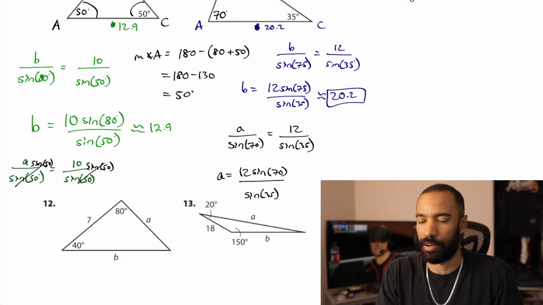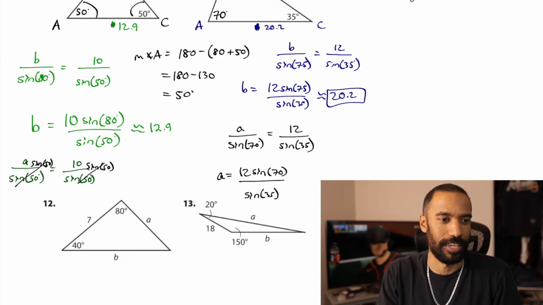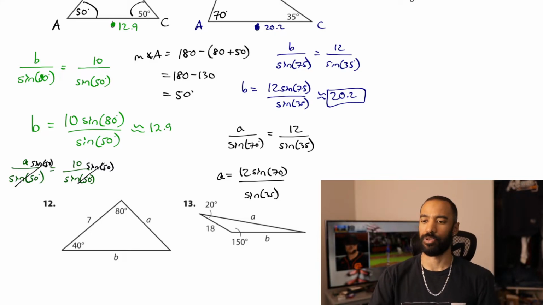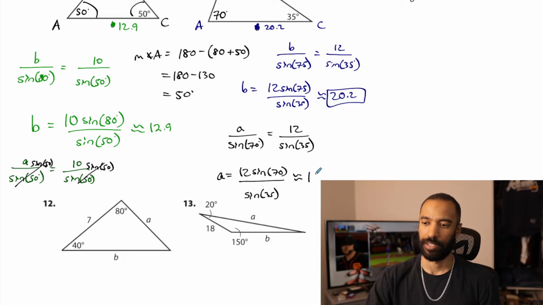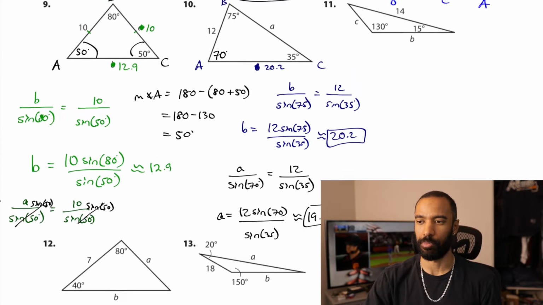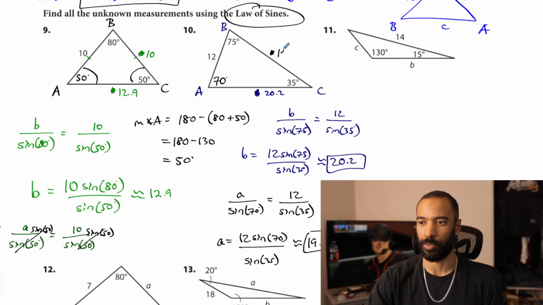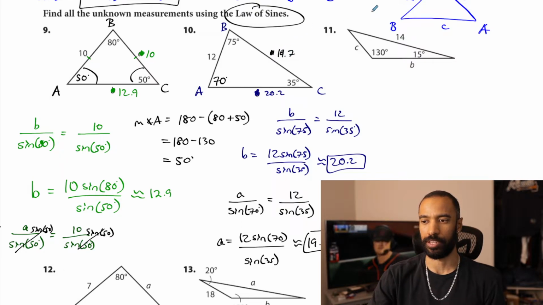And sine of 70 over sine of 35 is not 2 either. Hold on, I just have something wrong. Sine of 35. We're getting 19.65, so 19.7 units long right there. And yeah, that's pretty close to the 20.2, a little bit underneath, and that's exactly what we expected. Something along those lines makes sense.